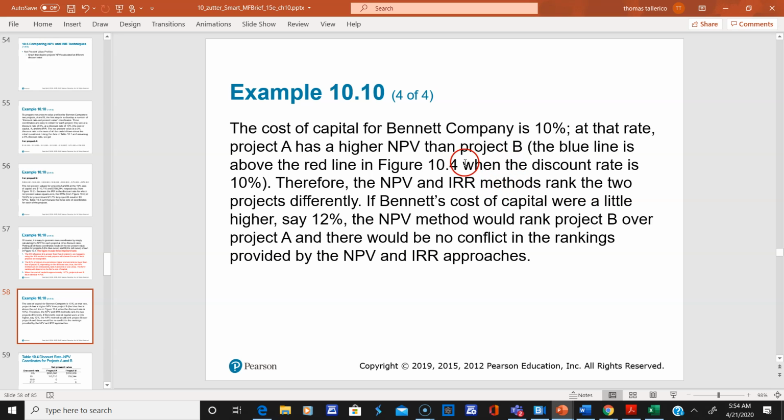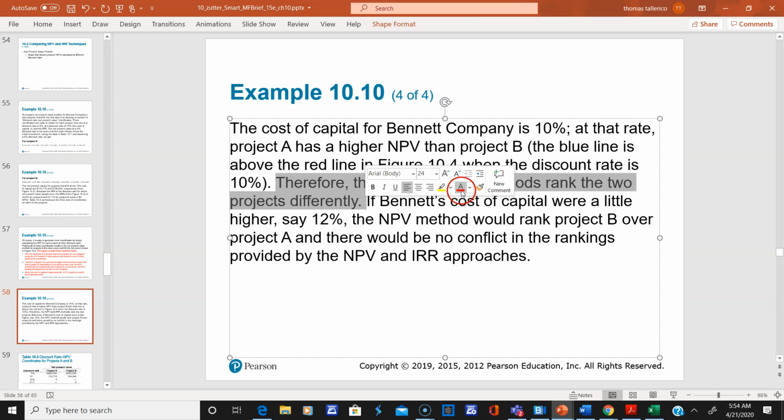If you look in your book at the graphs, you'll see what they're saying here. So you can see the problem right away. The net present value and internal rate of return methods rank the 2 projects differently. And the only way you get to know that is by looking at the graphs.